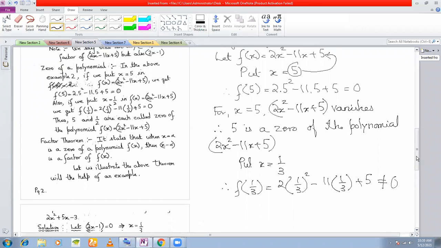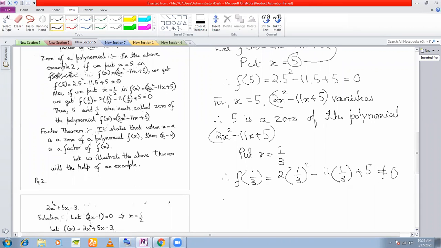Therefore, we say that x is equal to 1/3 is not a zero of the polynomial 2x square minus 11x plus 5. So whatever value of x you put, if you get the value of the polynomial as 0, you call that value the zero of the polynomial.